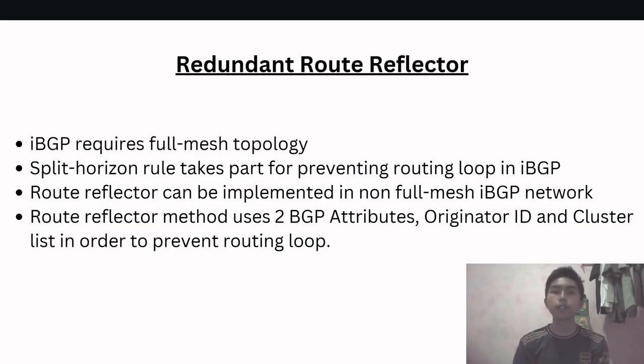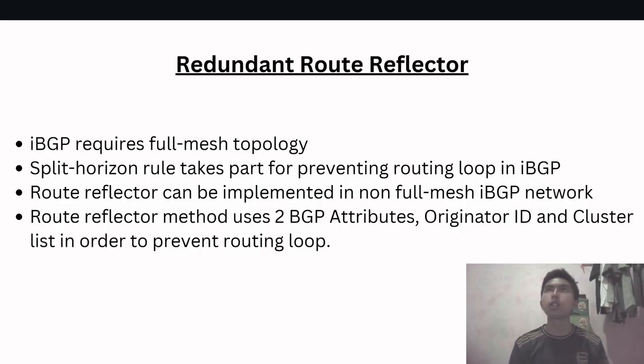In the previous video, I was talking about IBGP. So IBGP requires full mesh topology because there is a method called split horizon rule. It takes part in preventing routing loops in an IBGP network.